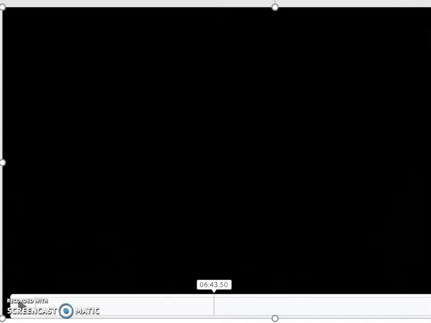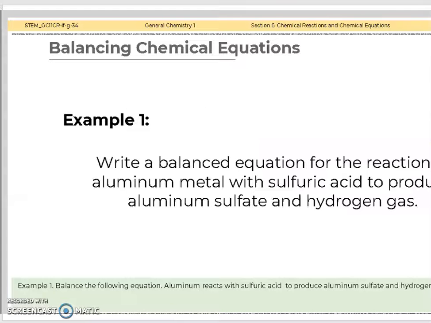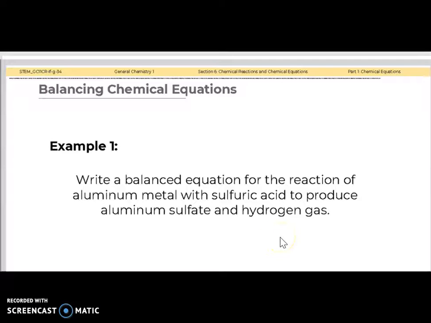So let's try to have this. Okay, you try to do this on your own. Alright, so you try to answer this. Write a balanced equation for the reaction of aluminum metal with sulfuric acid to produce aluminum sulfate and hydrogen gas.